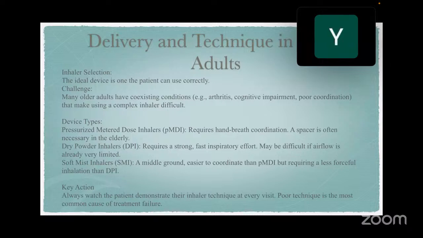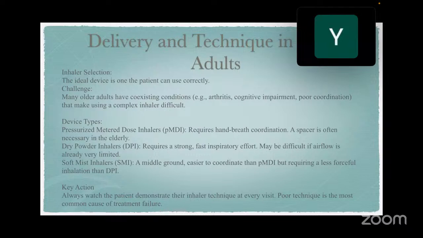Another thing is also the dry powder inhalers. This is going to be very difficult if a person has severe COPD or weakness. Why? Because this requires a very strong and fast inspiratory effort, which is going to be very difficult for these patients. So the kind of device that we're going to use is dependent on the patient themselves and the comorbidities that they have.